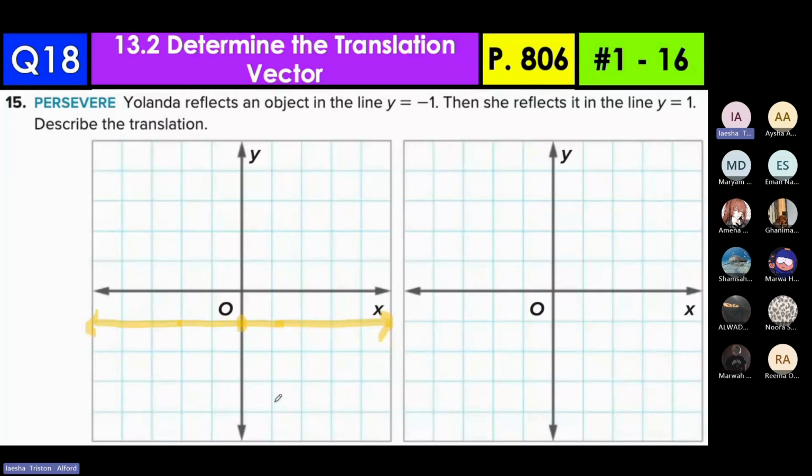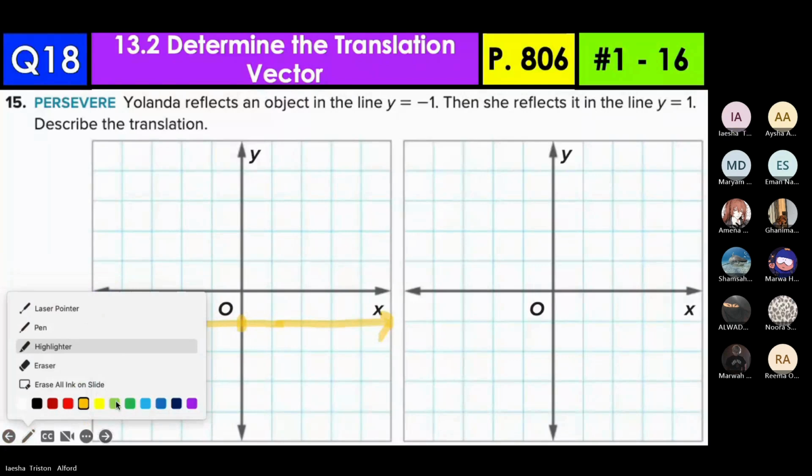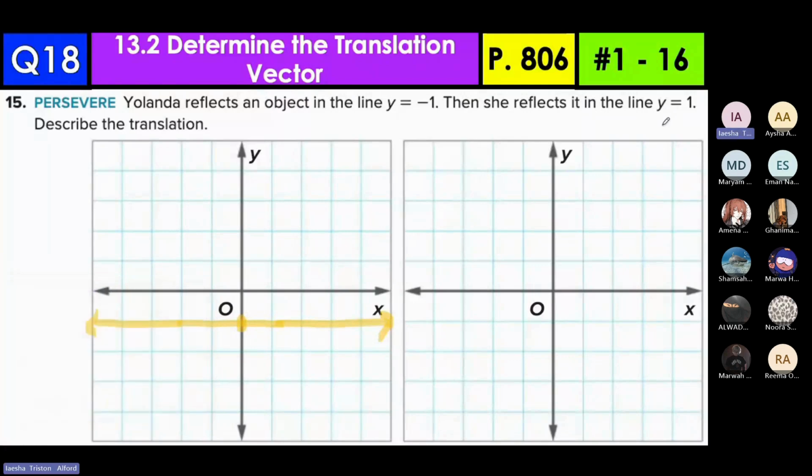So we're going to reflect something over line y equal -1, then reflect it over y equal +1. Well, where is y equal +1? Cross the y-axis at +1. So put a point here, and you make your horizontal line.